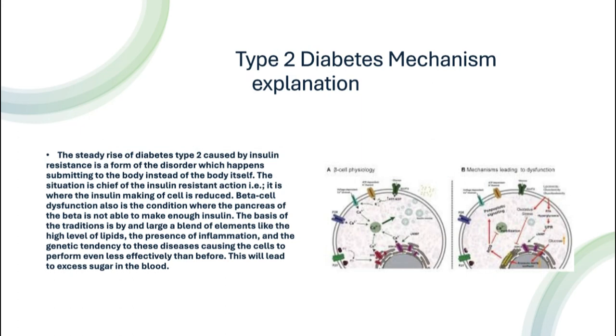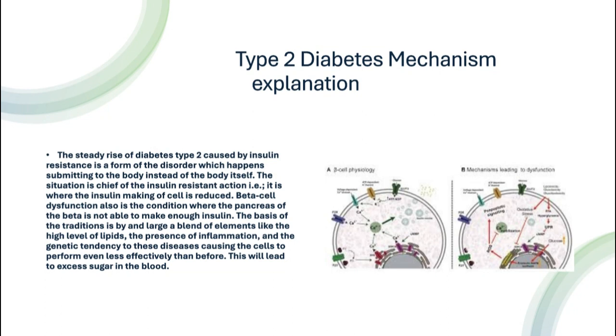In this slide, I'm explaining how type 2 diabetes develops in the body. Type 2 diabetes mainly starts with a problem called insulin resistance. Normally, insulin helps our cells take in sugar from the bloodstream. But when someone has insulin resistance, the body's cells don't respond to the insulin the way they should.